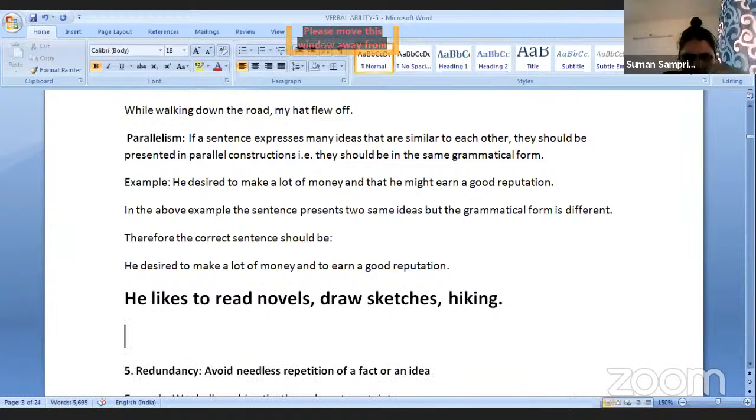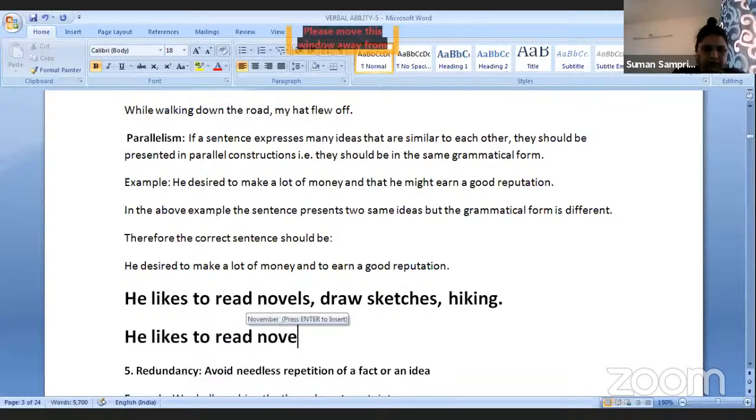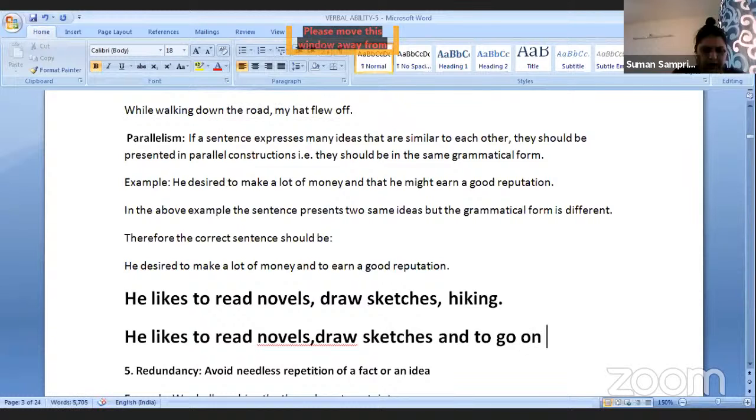The correct sentence would be: likes novels, draw sketches, and to go on hikings.